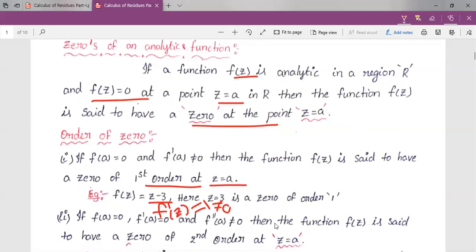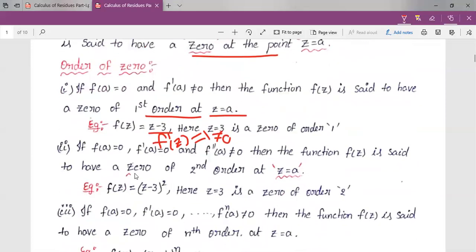Next, if f(a) equals 0, f'(a) equals 0 and f''(a) is not equal to 0, then z equals a is called a zero of second order. Example, f(z) equals (z minus 3) whole square. Here z minus 3 exists 2 times, so z equals 3 is a zero of order 2.